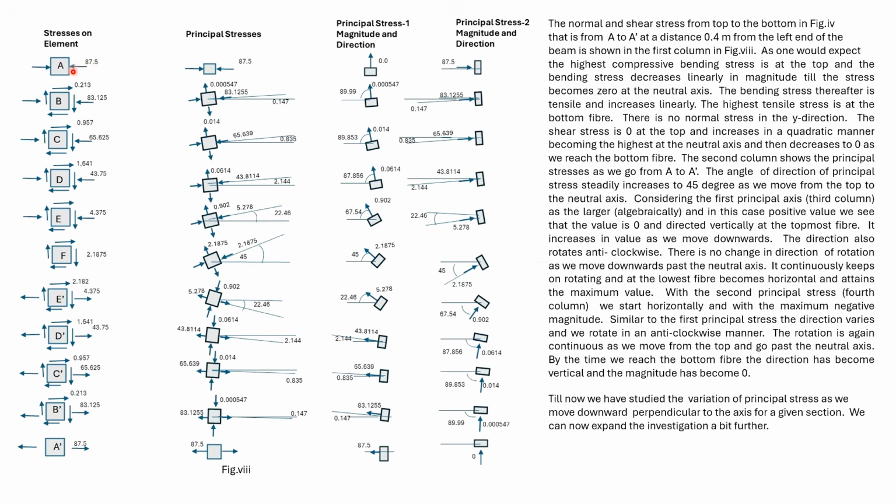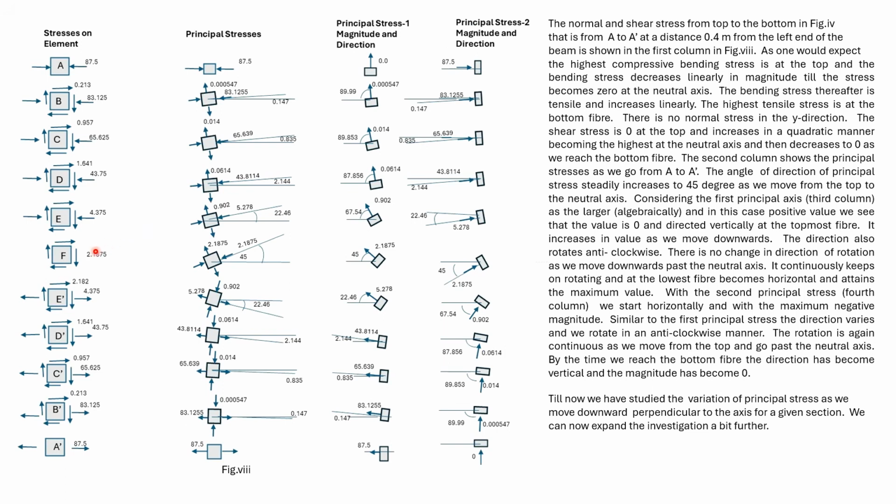The maximum compressive stress occurs at A. As we move downwards, the compressive stress decreases and becomes zero at F. After F, as we move downwards, tensile stresses act.